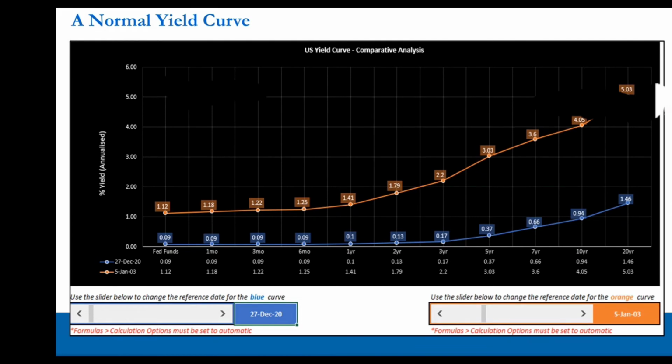The short-term rates, like the Fed fund and the 1 month and all the way to the 2 year, can be down, and the long terms can be up, which is a steepening curve, which is normal, which means, like, think of it from the lending department. Like, if I'm letting you borrow money, if you're borrowing it for 1 month, I'm going to pay you less than what I'd pay somebody that's borrowing it for 30 years.